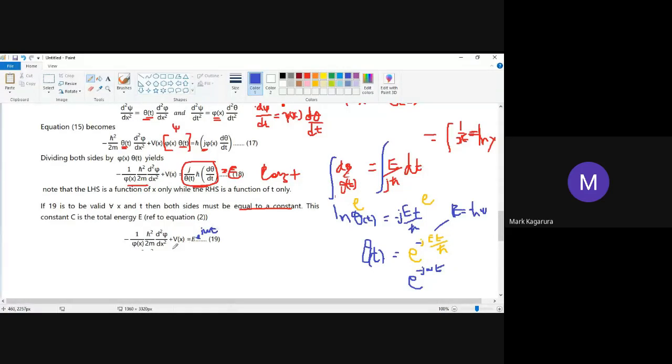And I think we had an epsilon somewhere. Did we have an epsilon somewhere? Sorry, e to the negative j omega t. Did we have negative epsilon somewhere? I don't think so. Yes, we had this as V epsilon.